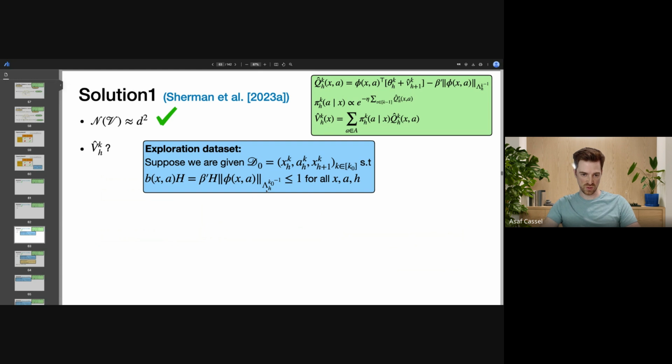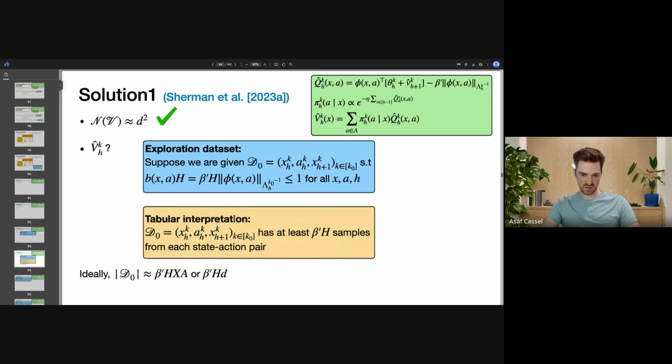If we have this data set, an easier way to look at it in the tabular setting is that somebody gave you a fixed number of samples from each state, action and decision horizon. So you could imagine that this data set should be more or less at a fixed size with respect to the number of episodes k.